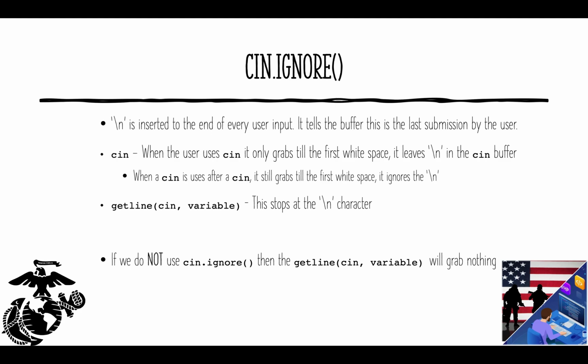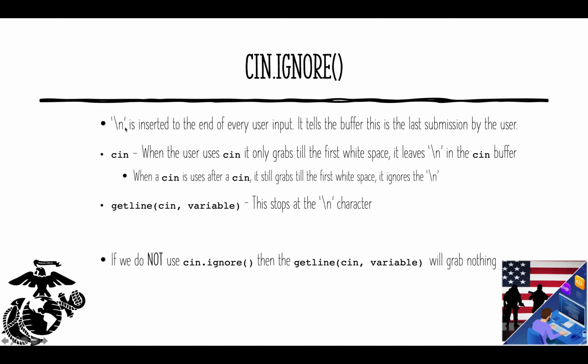And then in my cin, it gives you an option to enter your first name. So the cout says, what is your first name? And then the cin is asking to only input your first name. What's going to happen is it's going to grab the first name that I input, which is Daniel. So it's going to grab Daniel and it's going to leave this new line character at the end.